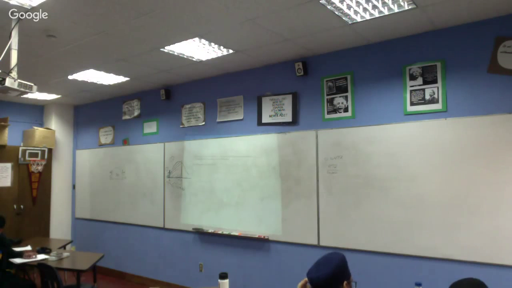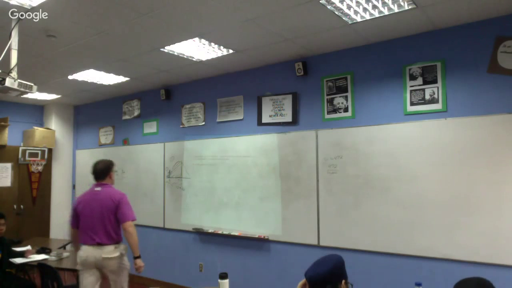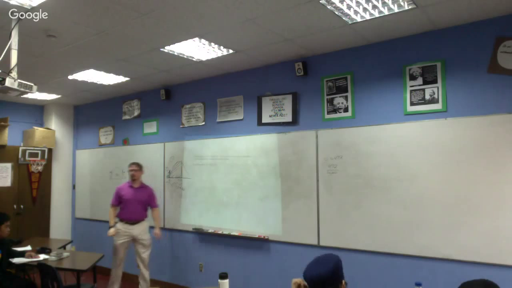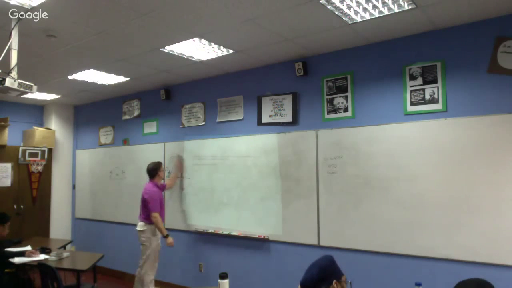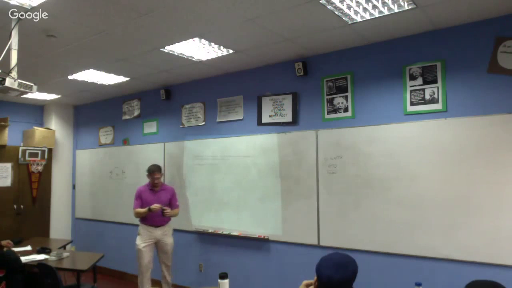So, to start off, quickly sketch a graph of this normal distribution, which is not standardized. How do I sketch a graph of that?